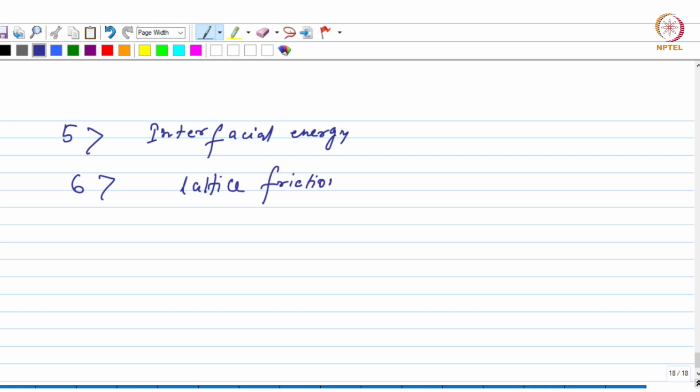The fifth one is about interfacial energy. And the last but not the least, we have something called lattice friction as another mechanism of precipitation hardening.